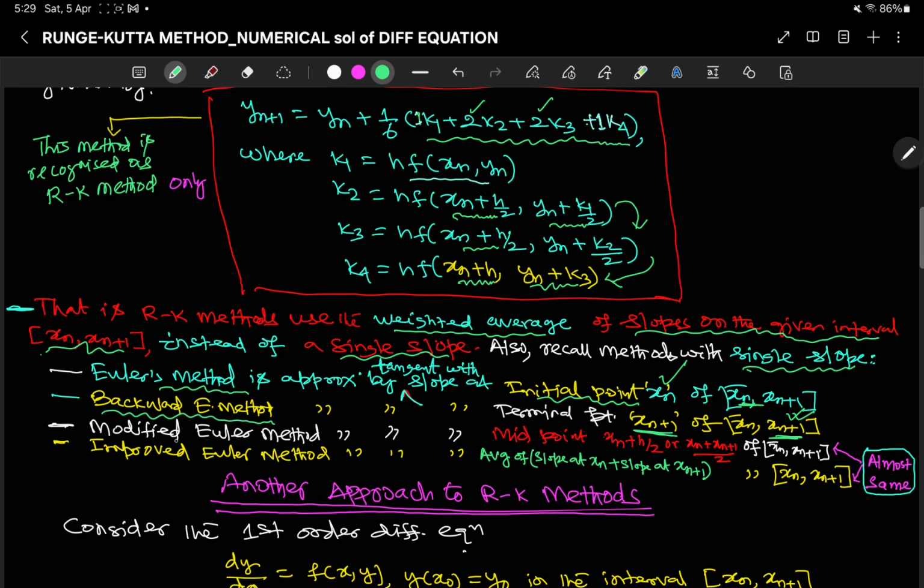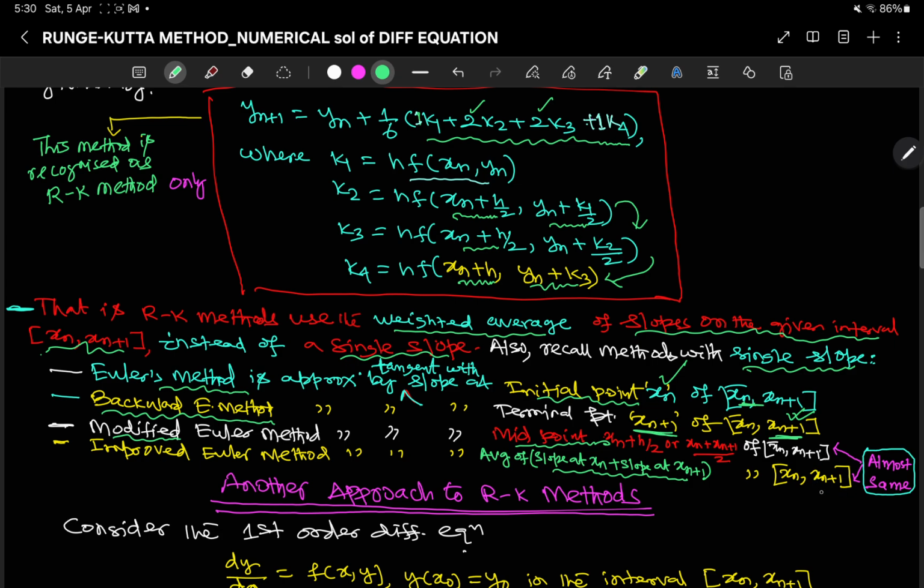And the modified Euler method, known as the polygon method, takes the slope at the midpoint of the interval, x_{n+1/2}. In the improved Euler method, or Heun's method, we take the average of the slope at the initial point and at the terminal point of the interval.